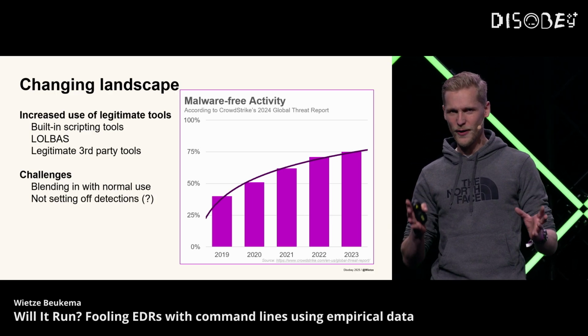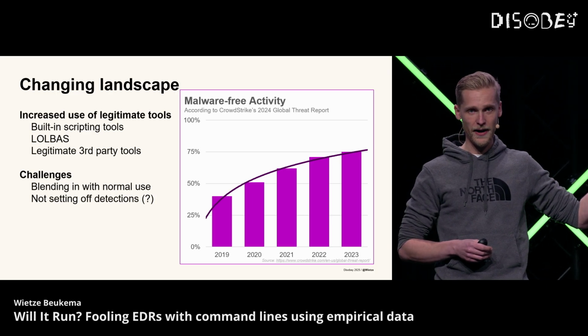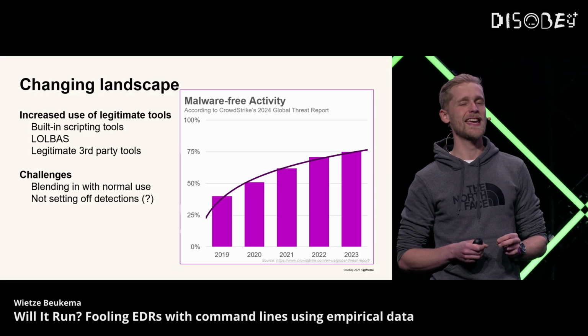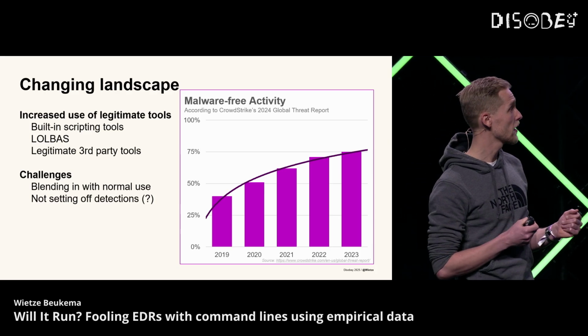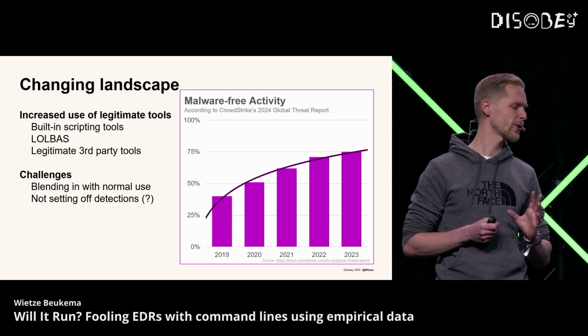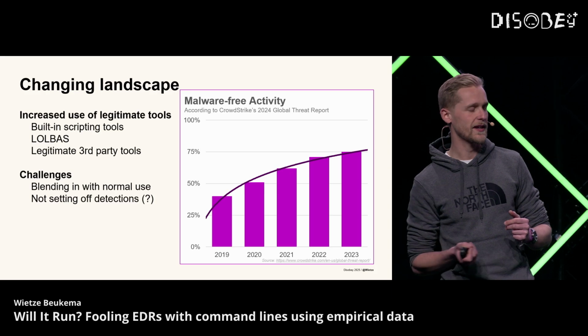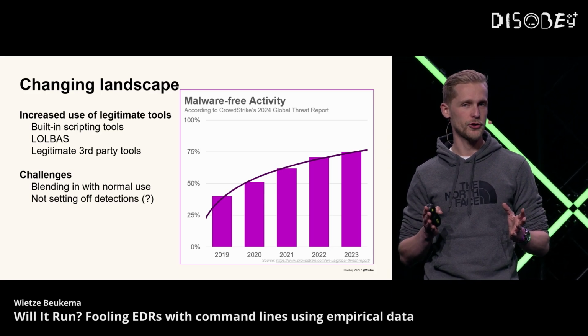Because there's a bit of a trend going on. This is a stat I've taken from CrowdStrike's Global Threat Report, and they notice a shift in the types of intrusions they observe in enterprise. As you can see, since 2019 until 2023, data for last year wasn't there yet, they notice an increase in malware-free intrusions.